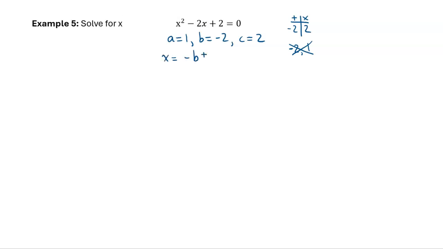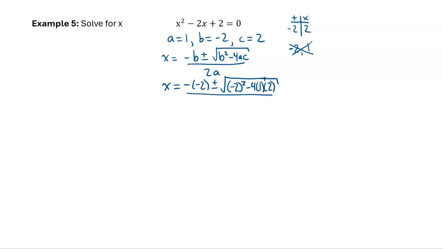So we go ahead and we start by writing out the general form, just to make sure that we have that right and don't make any mistakes. And we can then substitute things in really clearly and nicely. So this gives me negative 2, because it's negative b and b is negative 2. And then we add or subtract the square root of b squared, so negative 2 squared minus 4 times 1 times 2, all divided by 2 times 1.